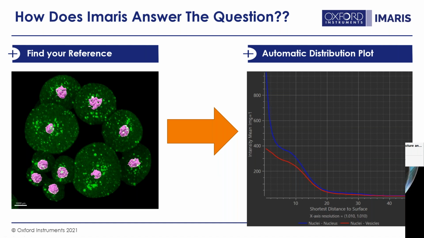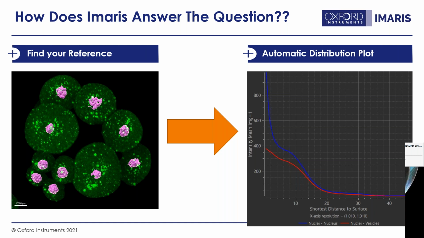And so again, these plots are made automatically for you and give you a quick look at the answer that you're looking for. These also work over time and can be a great way of showing changes through time when it comes to accumulation of a protein or changes in the distribution of cells or that sort of thing.